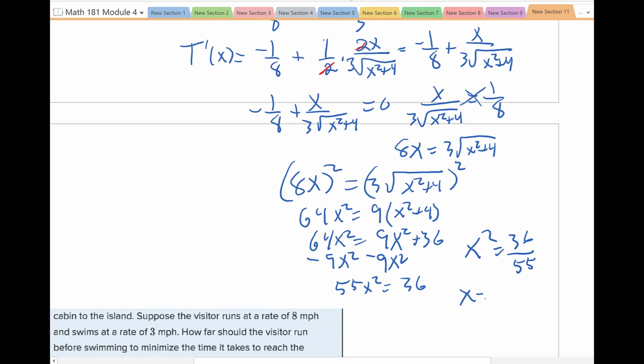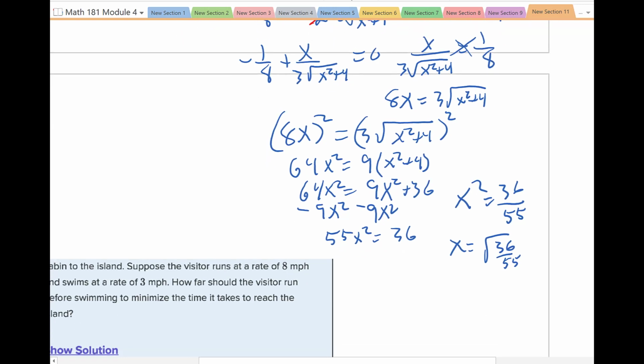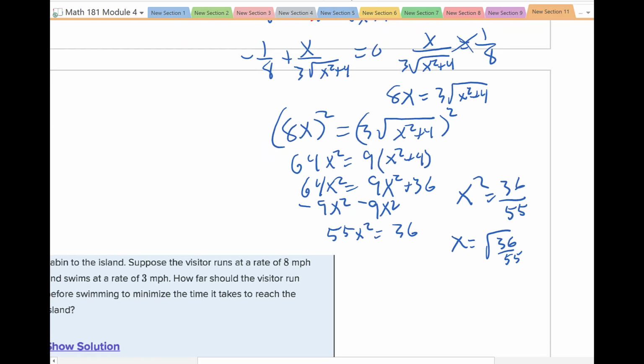So x would be the square root of 36 over 55. We're only going to go with the positive. We don't have to worry about the negative or the principal square root. So x would be 6 over the square root of 55.